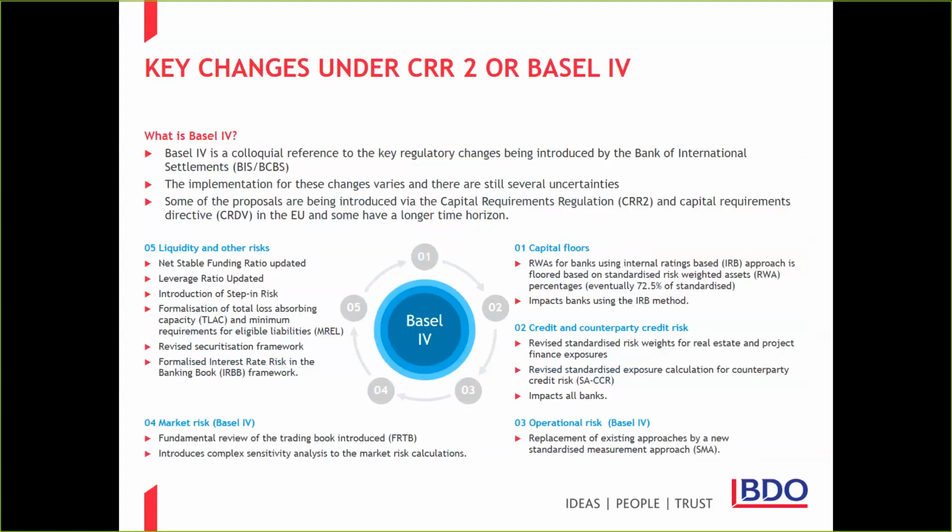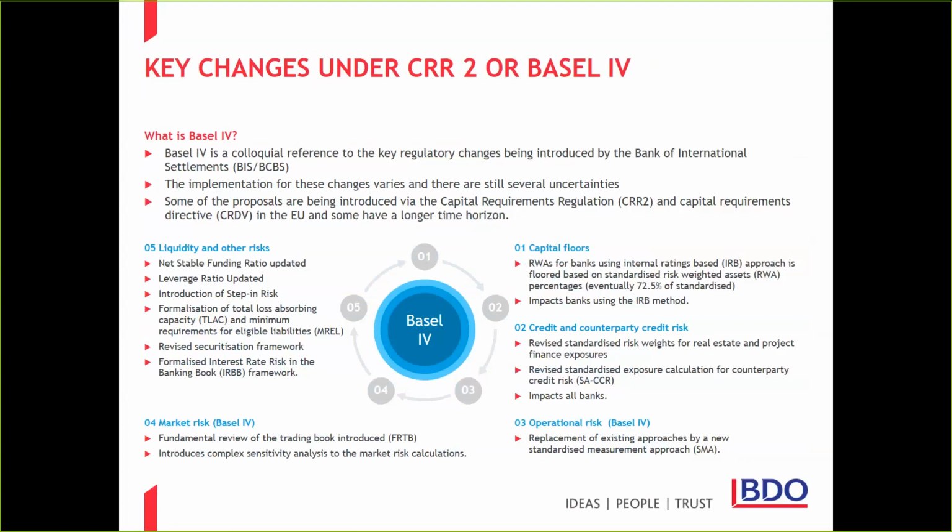There'll be a floor on what internal rating-based firms can use, which eventually will come to 72.5% of the standardised. So, if the standardised risk weight is 100%, then the IRB floor is going to be 72.5%. This will impact banks on the IRB method, but will be good for some of the smaller banks in the sense that it will level the playing field.